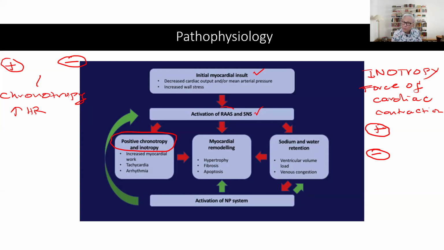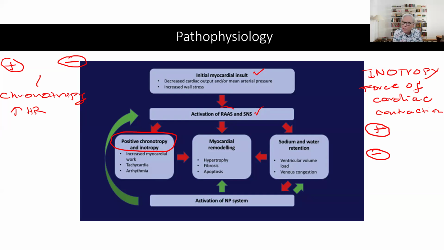No, inotropy means it increases the force of cardiac contraction. Atropine increases the heart rate, but not the force of cardiac contraction. Digitalis, very good. Digitalis is a positive inotropic agent. Also, you're going to have epinephrine as a positive inotropic agent.